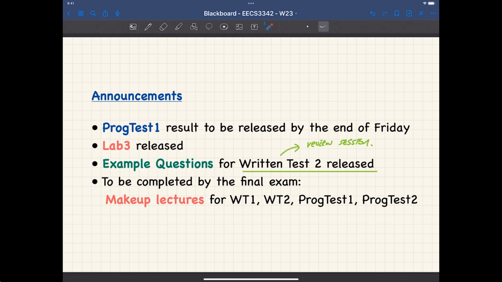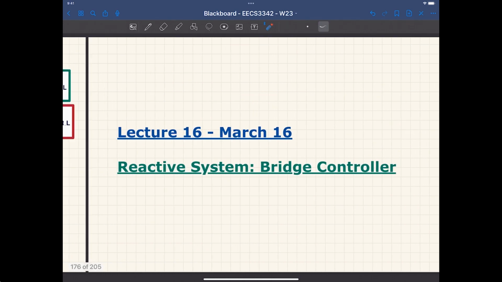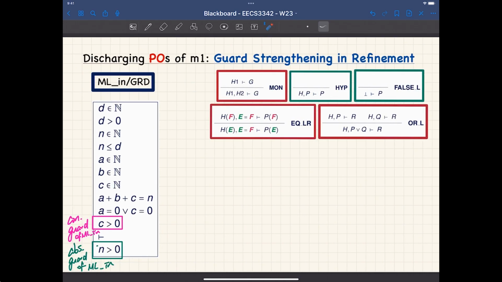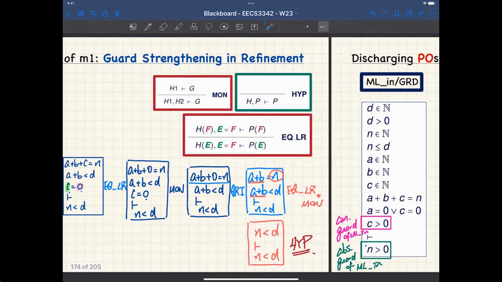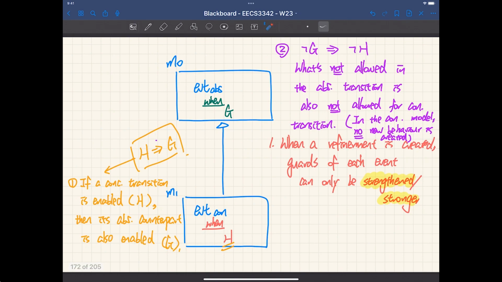Otherwise, I think we should really dive into bridge controller again, okay? So what did we talk about last time? Last time, basically, we just talked about something called guard strengthening. And the diagram that you want to keep in mind, I will just remind you very quickly, is this diagram like over here. If you have two models, one is more abstract than the other one, which is more concrete.